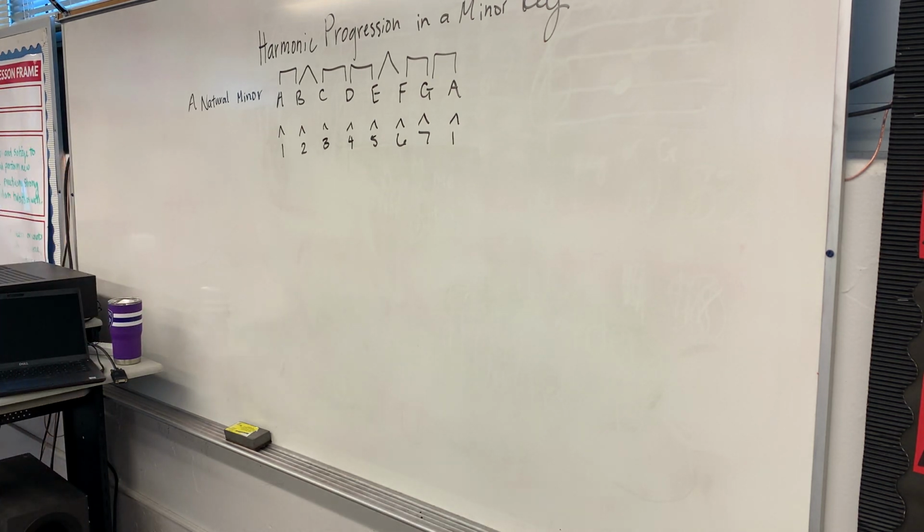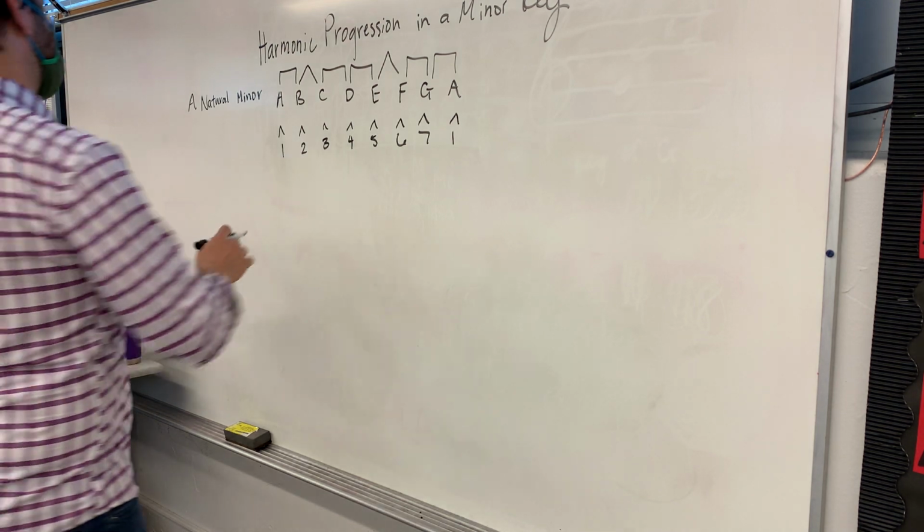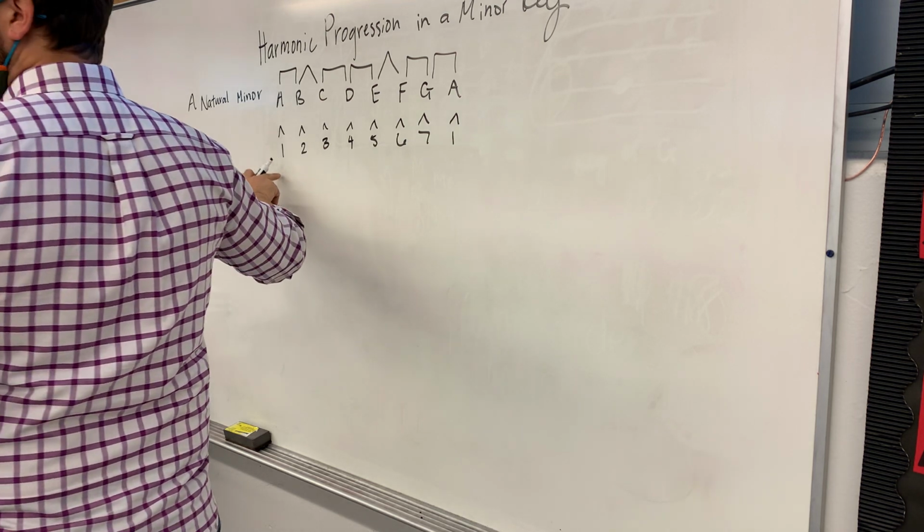When we wrote down Roman numerals for a major key, we indicated which chords are major by using a capital Roman numeral, and minor with a lowercase one. Let's figure out how these chords are going to sound.